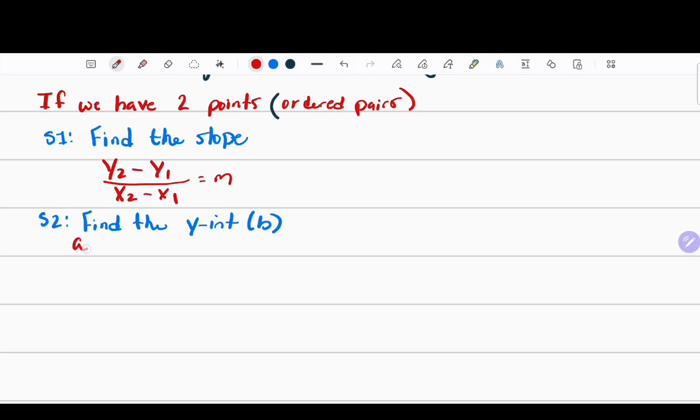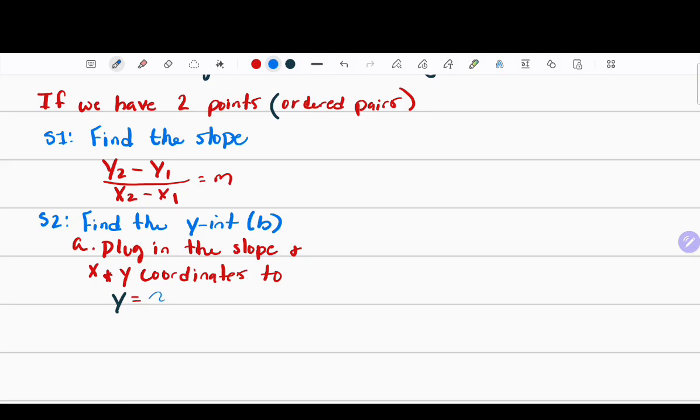The first thing we do to find the y-intercept is we plug in the slope and x and y coordinates to y equals mx plus b.